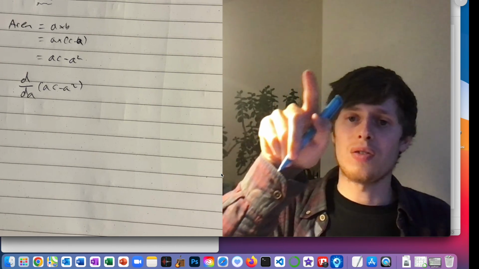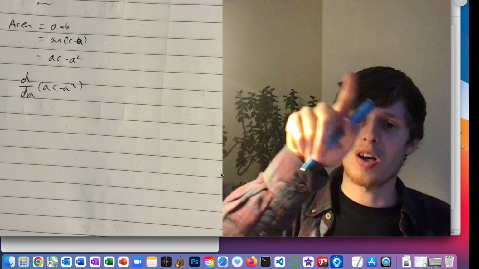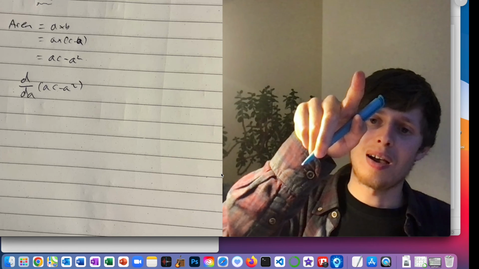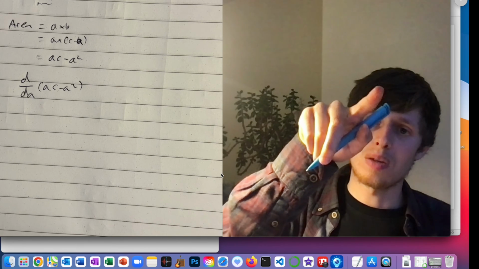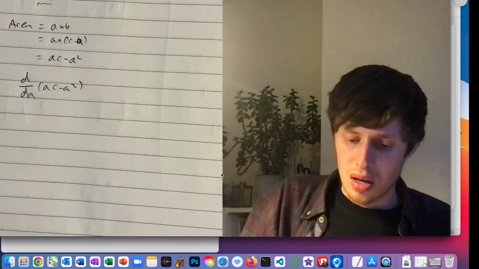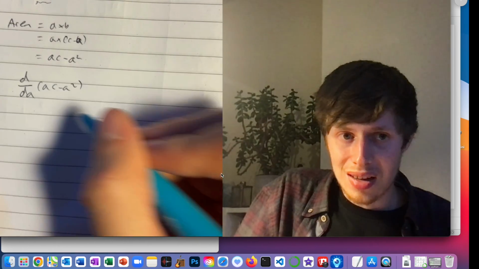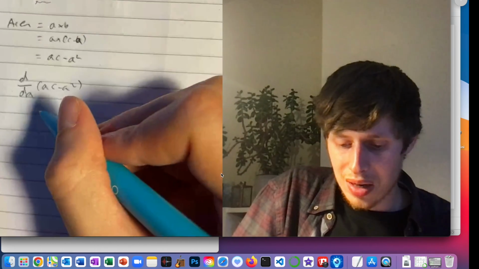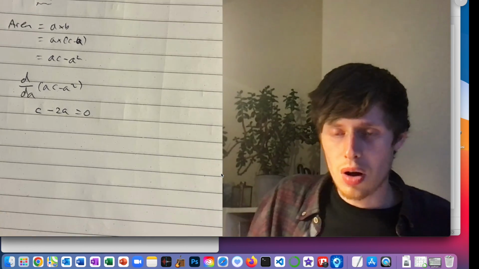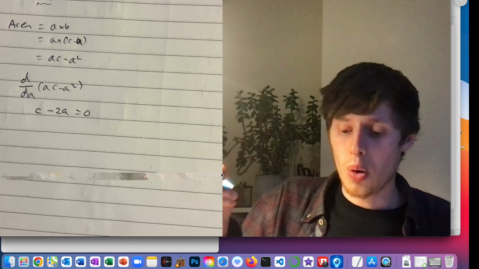If you think about that curve we had, at the top, the rate of change of the area as A increases is going to be 0, because it's going to be flat. So when we differentiate, we're going to get C, because C is a constant, take away 2A, and that's going to be 0 at that maximum point.